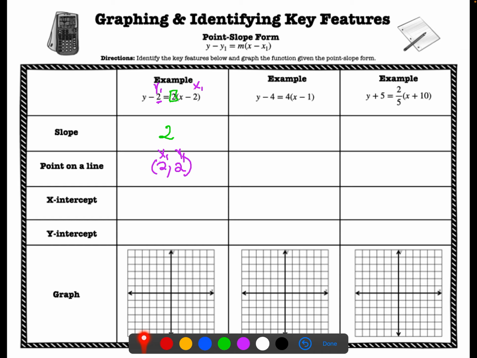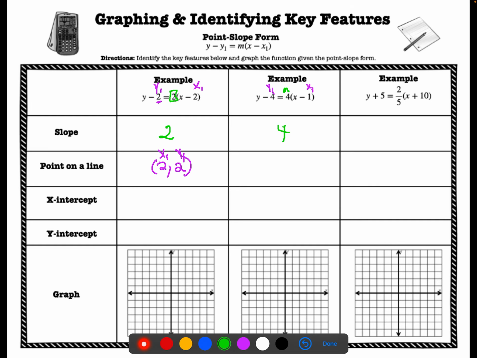Let's try another example. We have y minus 4 equals 4 times x minus 1. Note our slope is the 4 in front of the parentheses. Our x1 is the 1 here, and our y1 is the 4 here.